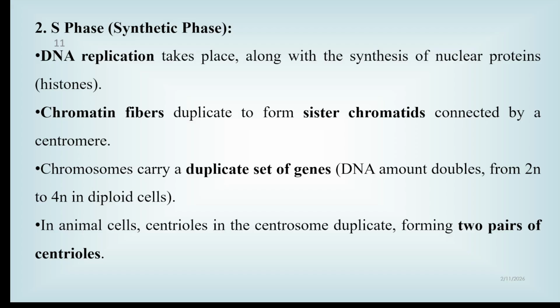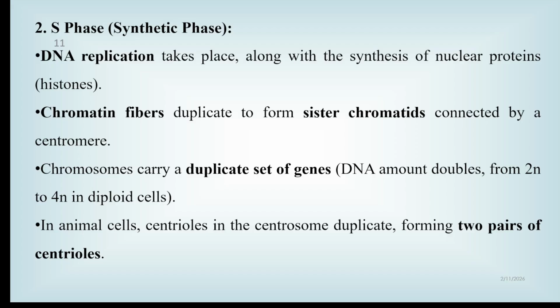After finishing the G1 phase, the cell goes to the S phase, where DNA replication actually takes place along with the synthesis of nuclear proteins such as histones. Then the chromatin fibers duplicate to form the sister chromatids connected by the centromere. The chromosomes then carry a duplicate set of genes.